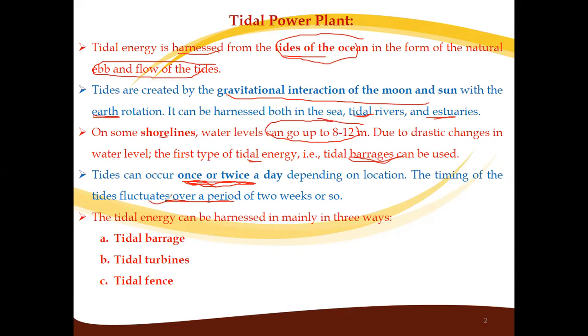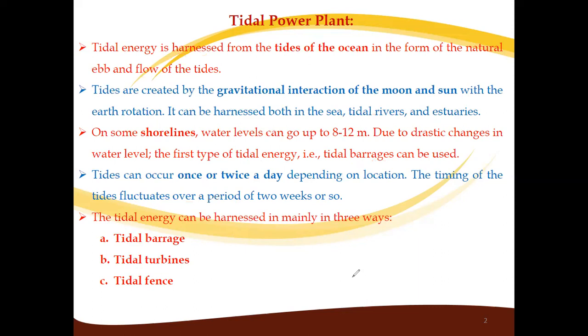Therefore, tidal energy is harnessed mainly in three ways: first by using a tidal barrage, second by using a tidal turbine, and third by using tidal fans. We convert this tidal energy into electrical energy. Now we will see these three methods one by one.